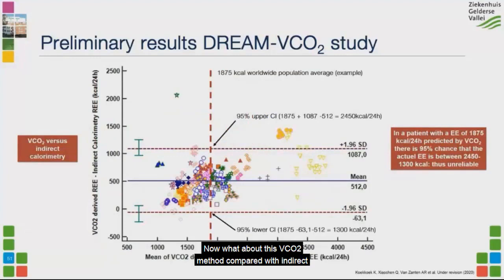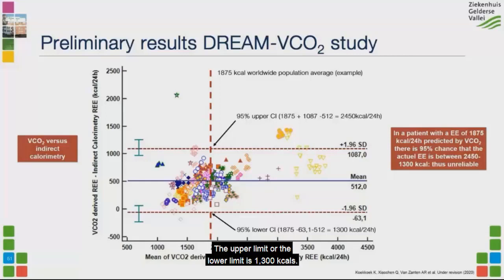Now, what about this VCO2 method compared with indirect calorimetry, the gold standard? Now, if we take a population in the world, the average energy expenditure of the population should be 1875 kcals per 24 hours. That's the red vertical line. And you can see, if you take this average based on the VCO2 method, that the VCO2 method will predict you an intake of 2450 kcals per 24 hours with a 95% confidence interval.